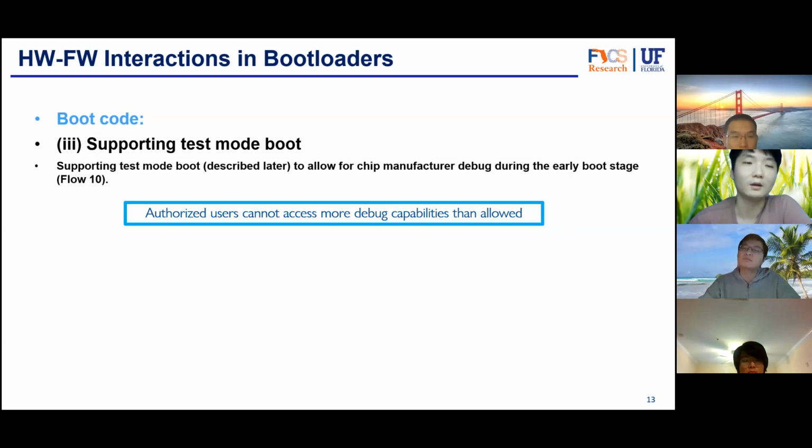And the third task is to support test mode boot. This allows for chip manufacturer debug during the early boot stage. And this implementation corresponds to authorized users not being able to access more debug capabilities than allowed.